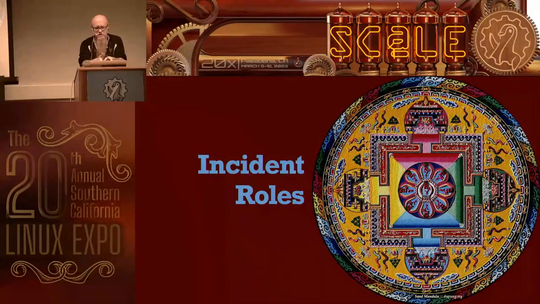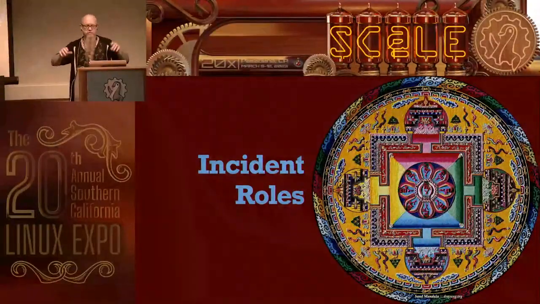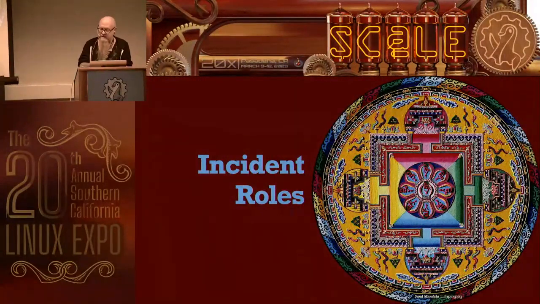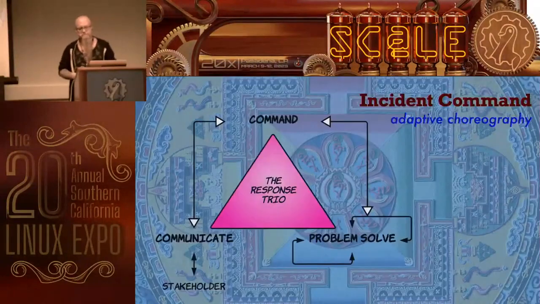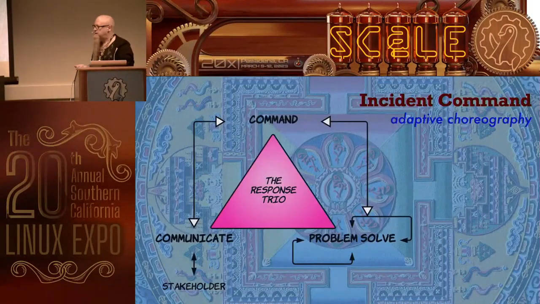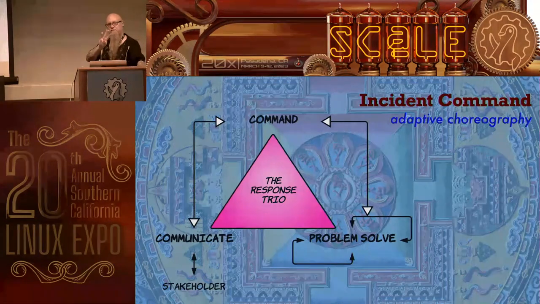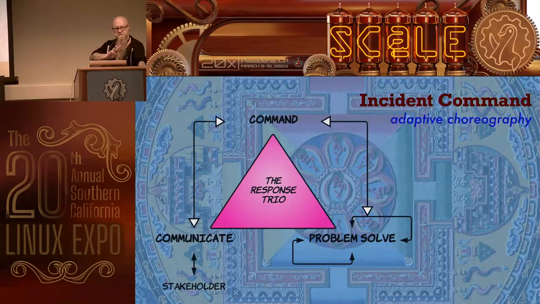I have attention on this presentation, and I'm aware of the world around me. When there's an incident happening, those problem solvers have attention on what they are doing, but they still need to keep that mandala of awareness around them. So to do that, we talk about the response trio, and that's three things that an incident always has.